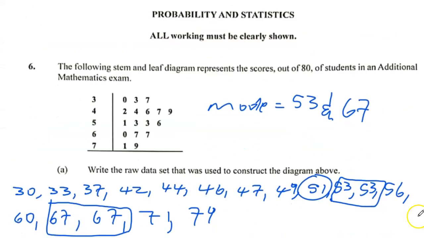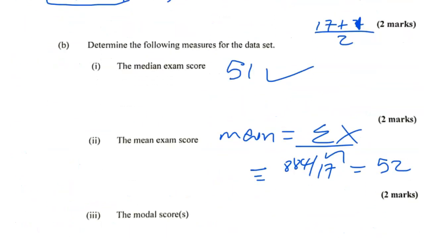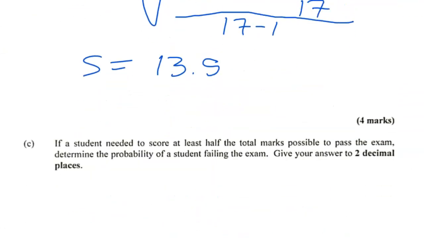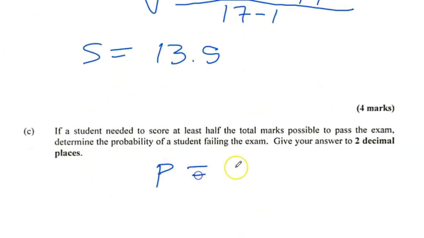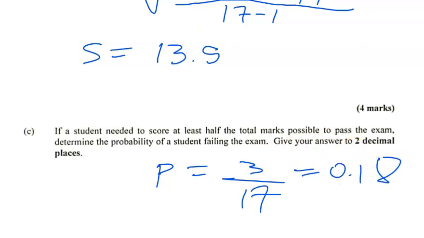Under 40 would fail, so 3 persons get under 40: 30, 33, 37. So the probability of failing is 3 out of a total of 17 students. To 2 decimal places, that's 0.18.